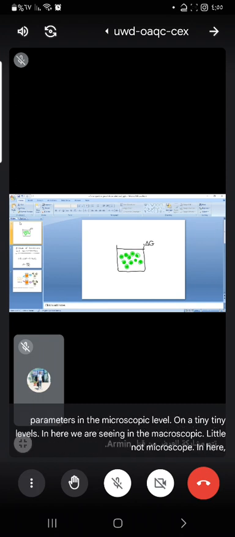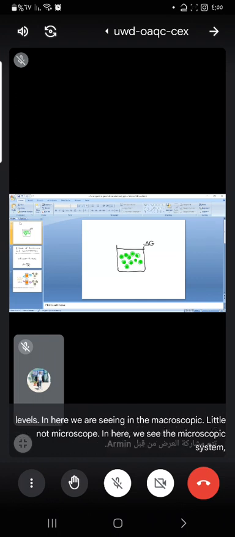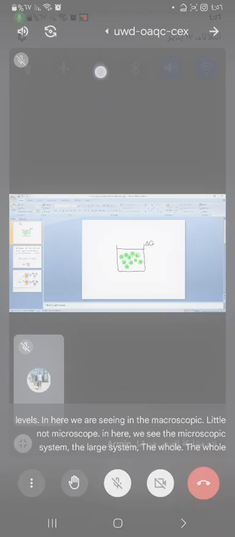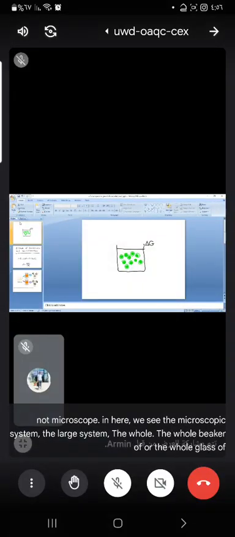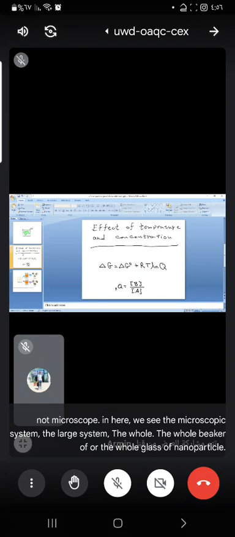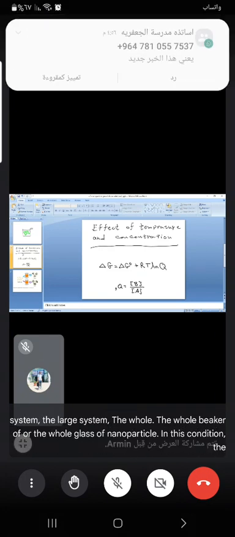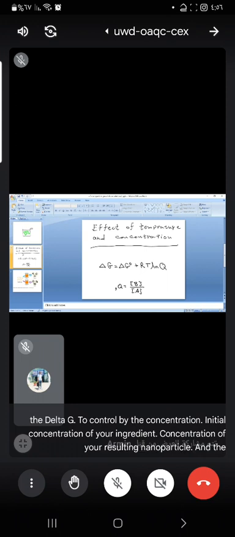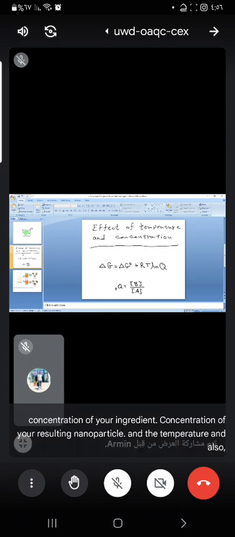Here, we see the large system, the whole beaker, or the whole glass of nanoparticles. In this condition, delta G is controlled by the initial concentration of your ingredient, the concentration of your resulting nanoparticle, the temperature, and also the delta G at the standard condition.